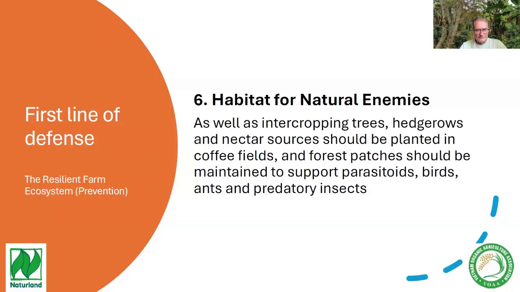Yes, and in the next topic, habitat for natural enemies. Of course, if we have intercrop trees, hedgerows, or nectar sources in the coffee plantation or nearby, or we also have some forest patches, that may maintain some parasitoids or some birds or some ants or some predatory insects.